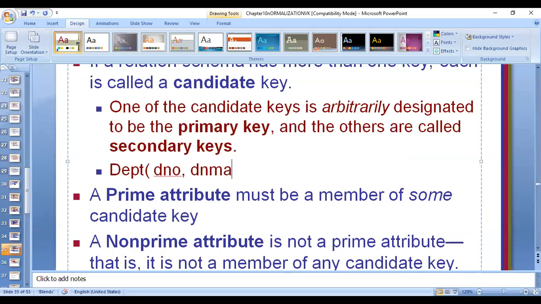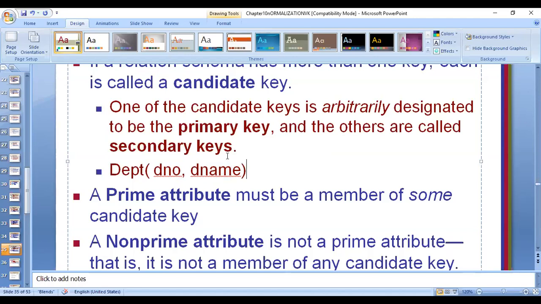As you can see, in our college also, no two departments have the same name. So we can make department number a primary key or department name a primary key. We have chosen department number to be the primary key, and name has remained a candidate key.